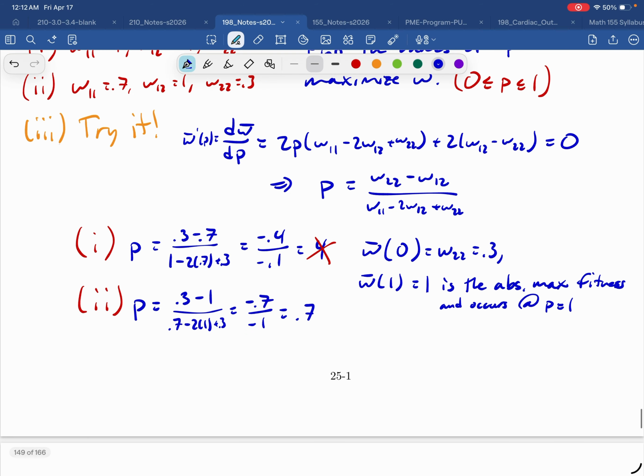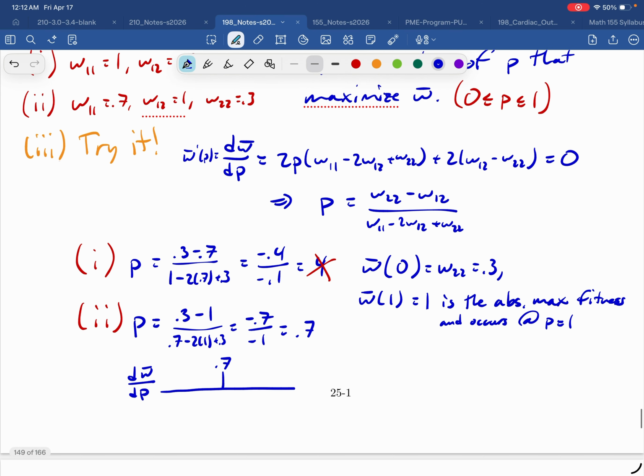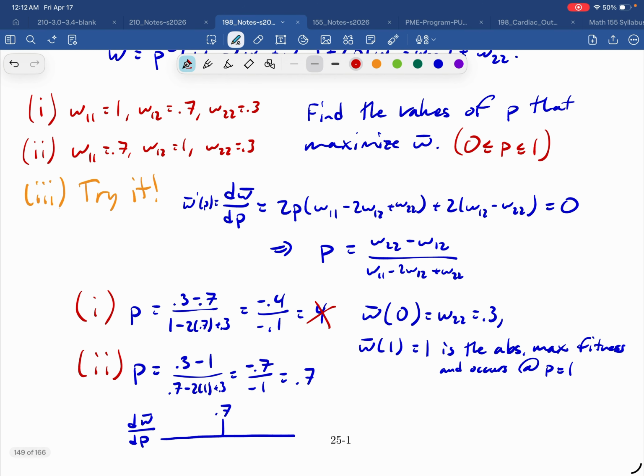And that's kind of cool, because that means we do actually have a local max, potentially, or a local min, I suppose. But let's do it out. If we take a look at the interval chart, before and after 0.7, if we plug in 0 for P into this function, you'll see that this goes to 0, and we're just left with 2 times (W12 minus W22), which is positive.